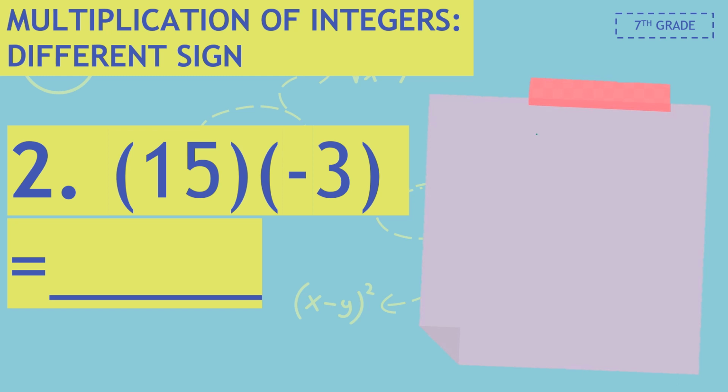So we have here 15 times negative 3. Okay, so again, whenever we are multiplying two digits with one digit, again po, ganito po natin siya i-multiply.